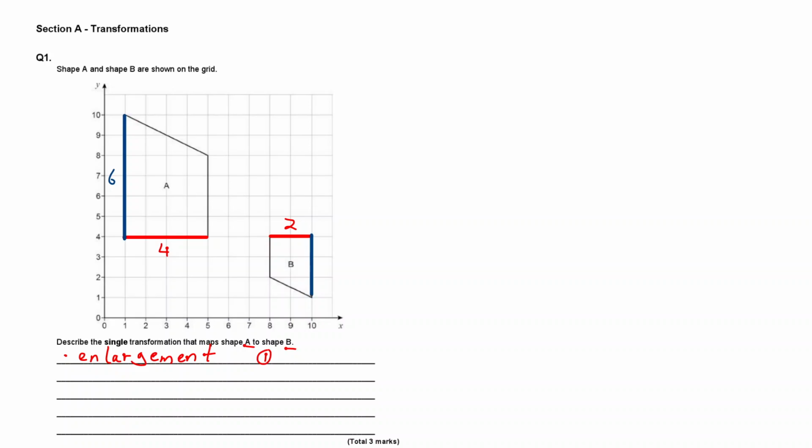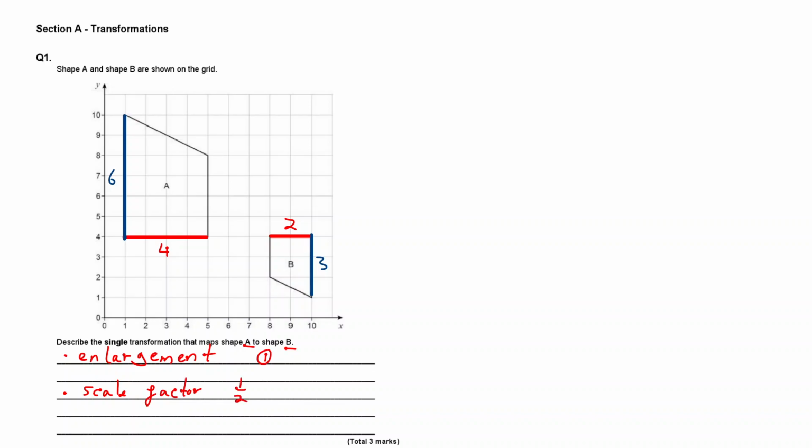These are the matching sides, it's just that B has been flipped around. From 6 to 3, again you've halved it, which must mean that your scale factor, which means you're getting bigger or smaller by some number, is going to be a half.